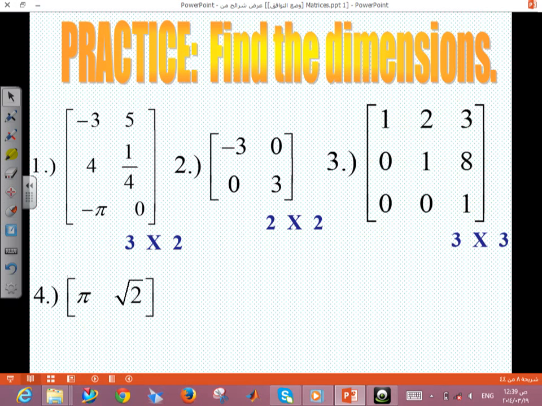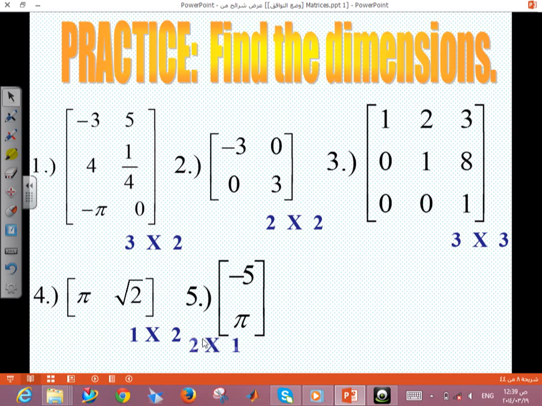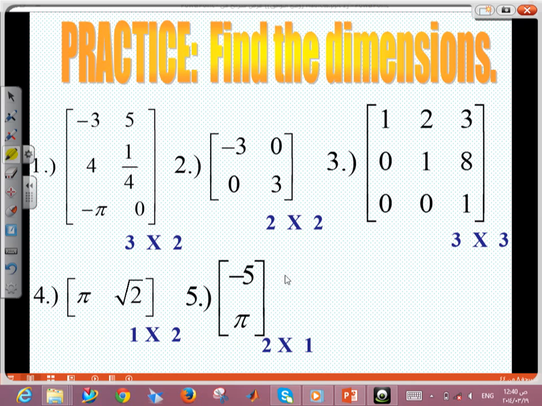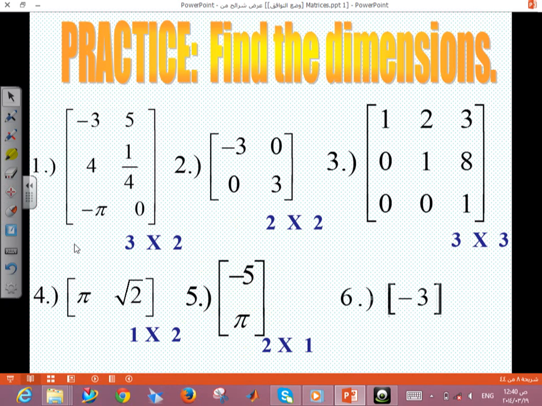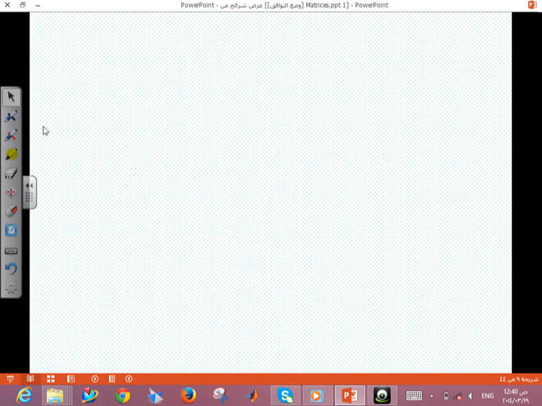Here, 1 row and 2 columns. Here, 2 rows and 1 column. And then 2 times 1. You know why? 2 rows and only 1 column. Okay. Here, 1 element only, 1 times 1. Okay.